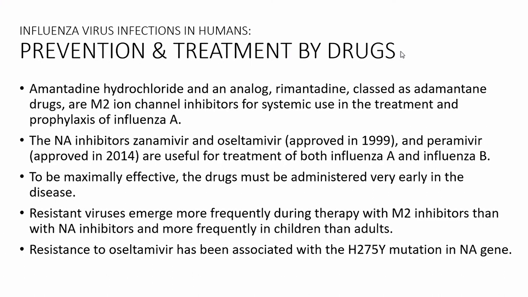disease. Resistant viruses emerge more frequently during the use of the M2 inhibitors rather than NA inhibitors, and more frequently in children than adults. Resistance to oseltamivir has been associated with the H275Y mutation in the NA gene.